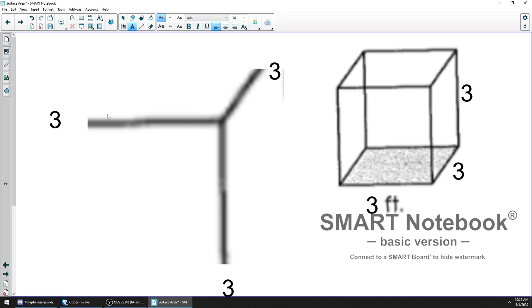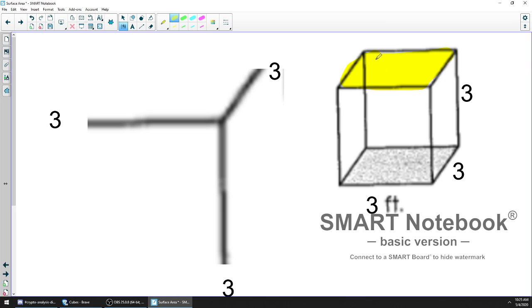So if you look right here, this part, what face would that be on the actual cube? Looks like the top. Okay? So we're using these two numbers to find the top.